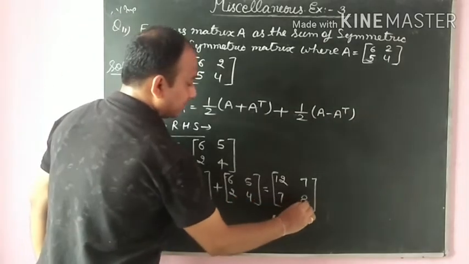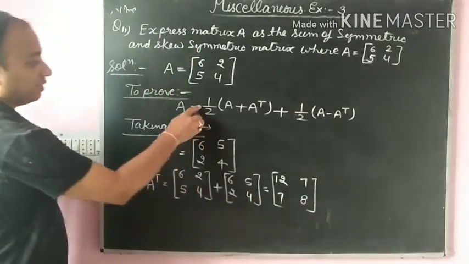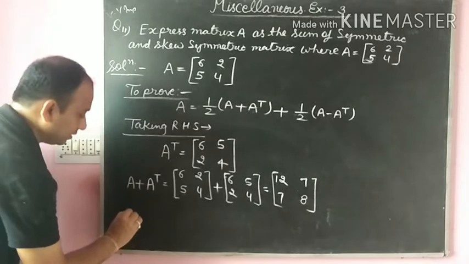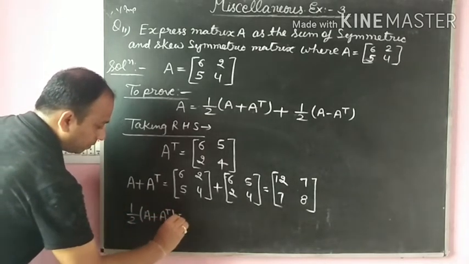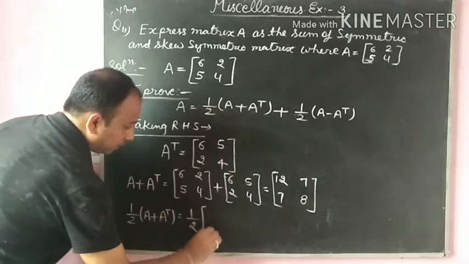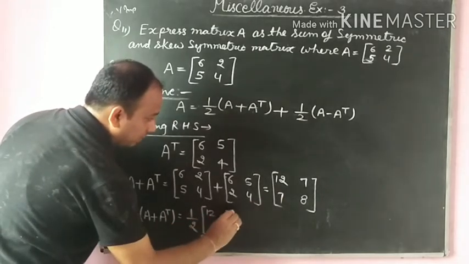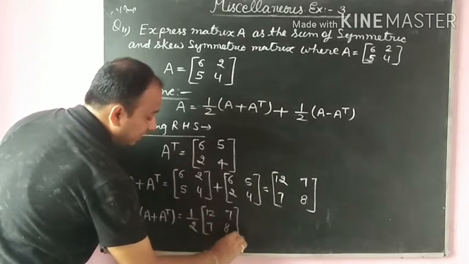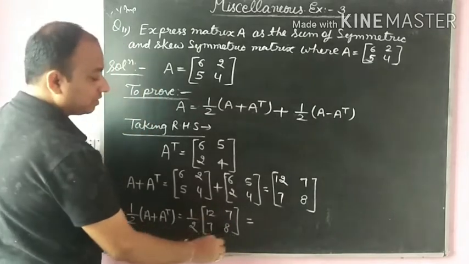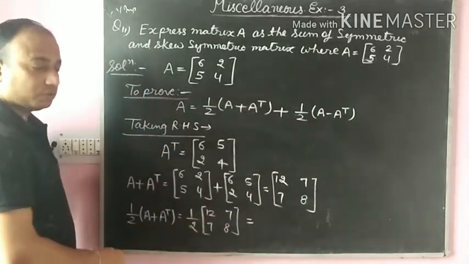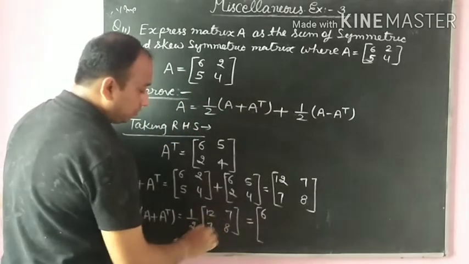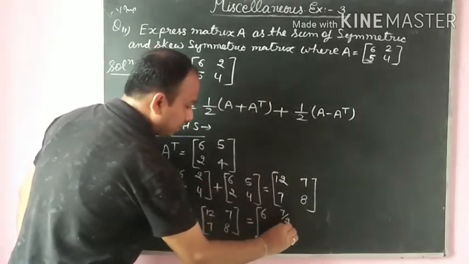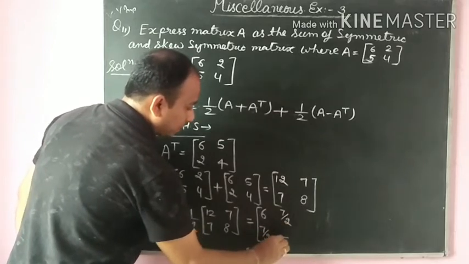4 is 8. This is A plus AT. Then we find half of A plus AT: 12 7 7 and 8, then each element of this matrix is multiplied by 1 upon 2: 1 upon 2 into 12 is 6, 1 upon 2 into 7 is 7 upon 2, 7 upon 2, and 4.